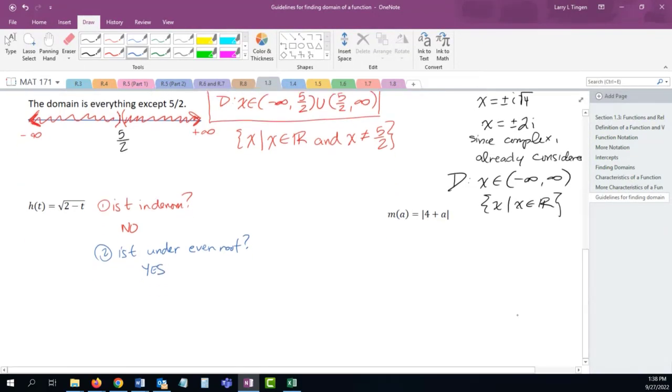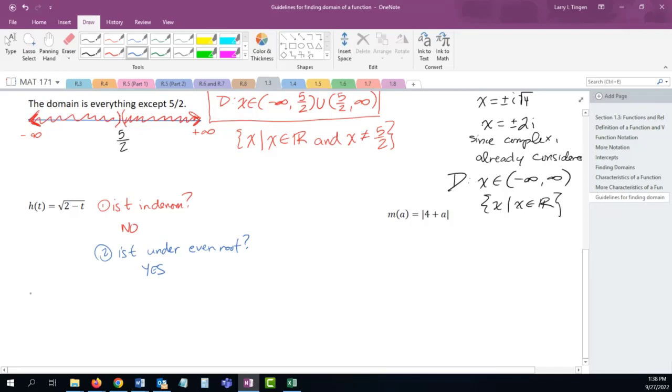So when this happens, what I need to do is guarantee that what's under the even root stays positive or 0. I just cannot let that be negative, right? What's under the root cannot be negative.